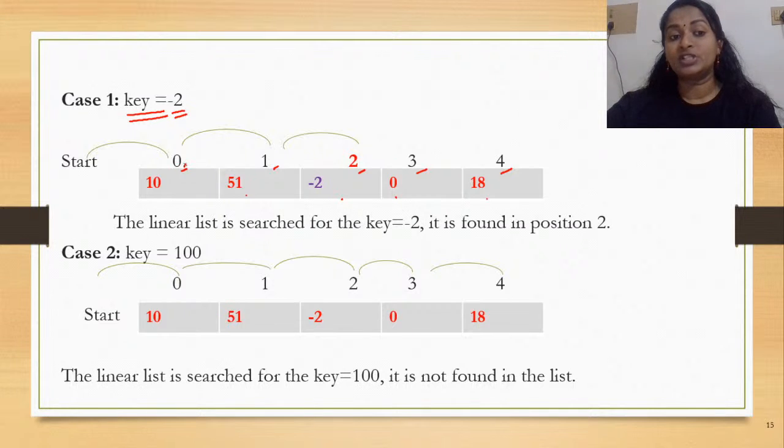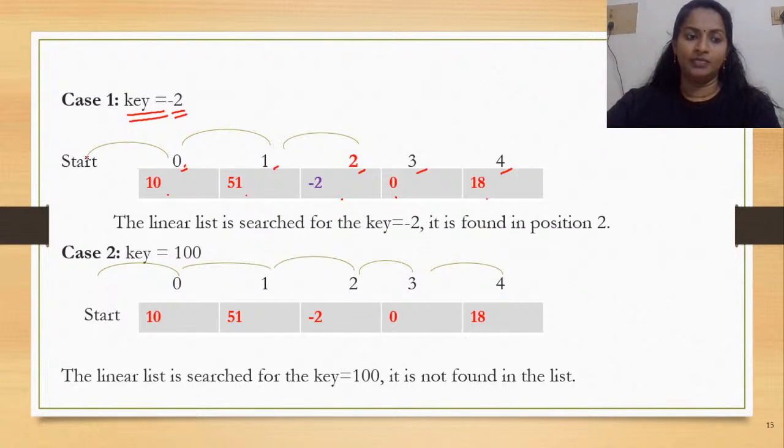Since the position value starts from 0, the last position value is 4, right? Now the elements inside your list are 10, 51, -2, 0 and 80. Now what are you trying to do? You're trying to find out whether an element -2 is present inside the list or not.